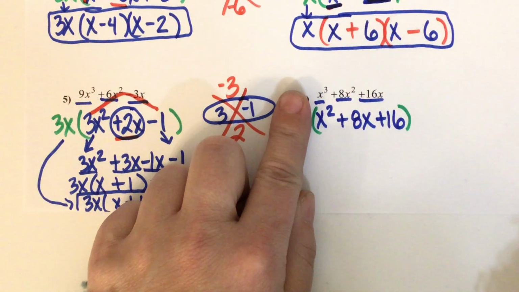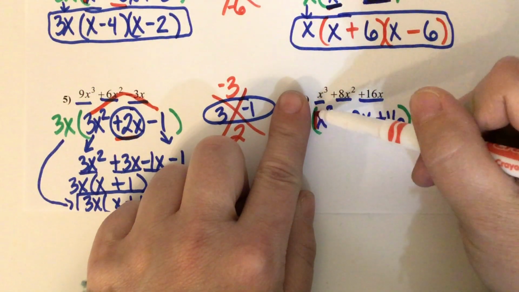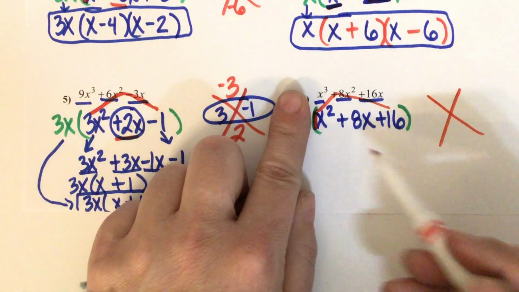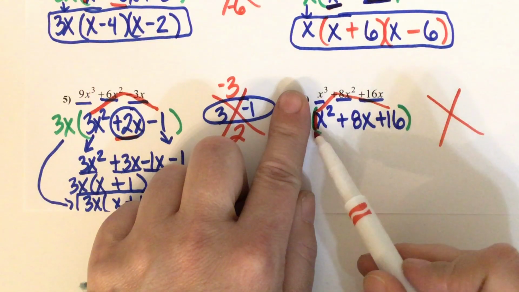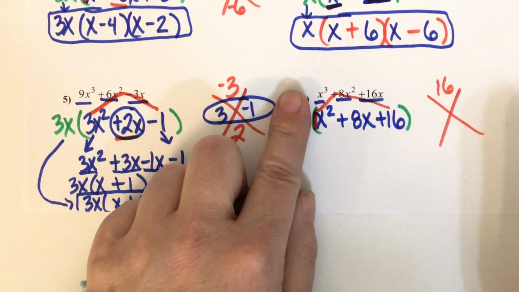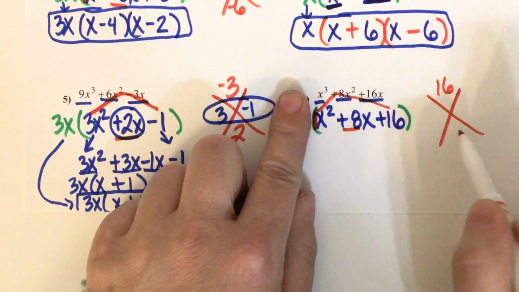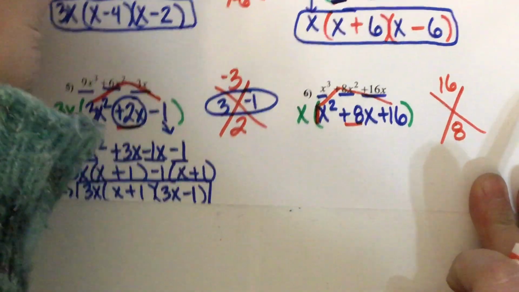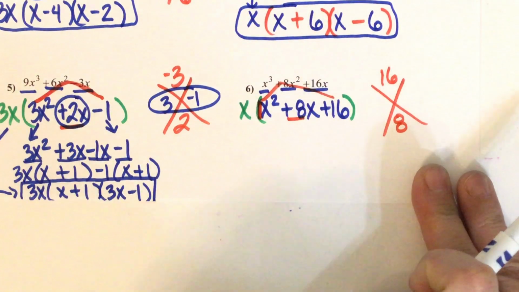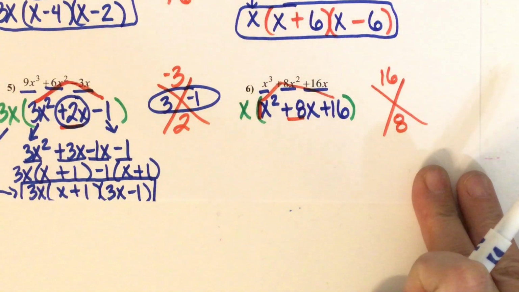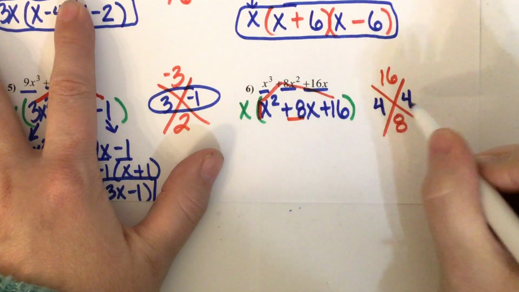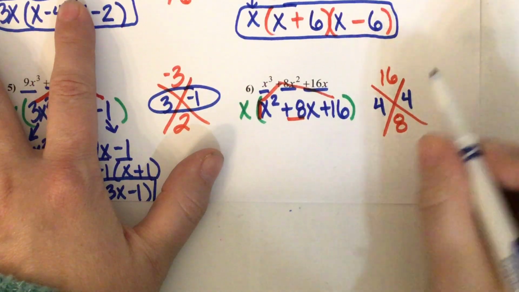So I'm a times c roof-topping it again, but this time my a is a 1, so it's an easy one. So what's a times c? 16. I want the numbers to add to make 8. And what multiplies to make 16 and adds to make 8? 4 times 4. 4 times 4 is 16, and 4 plus 4 is 8.